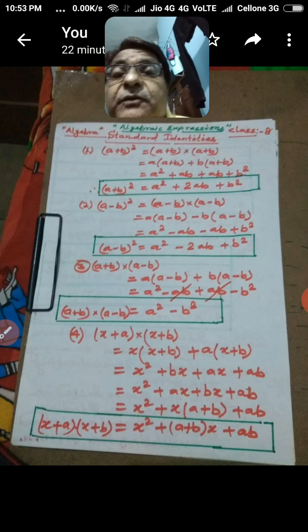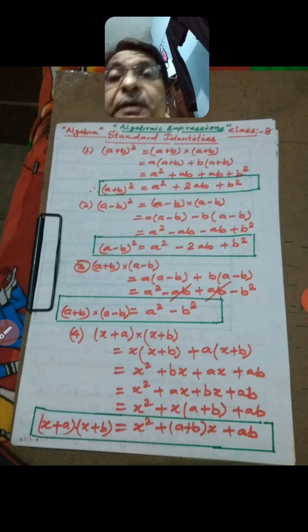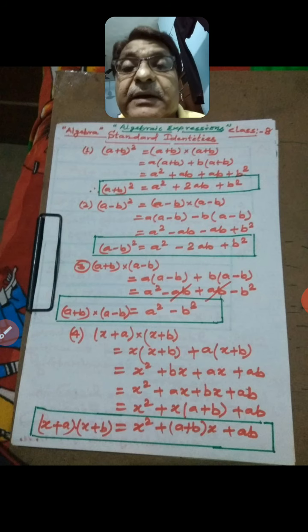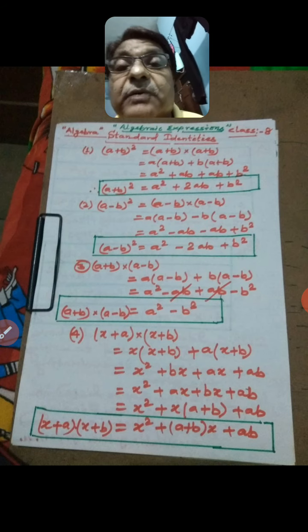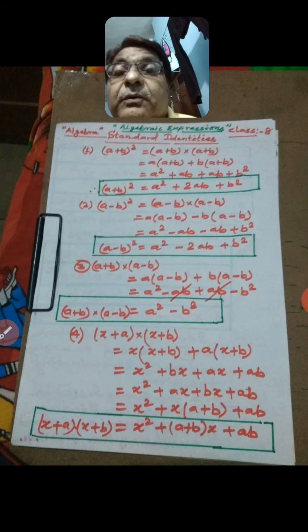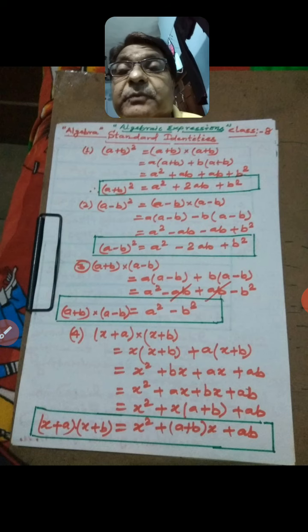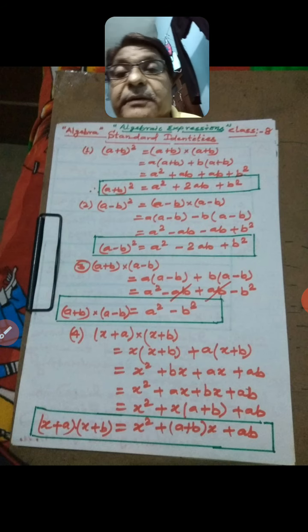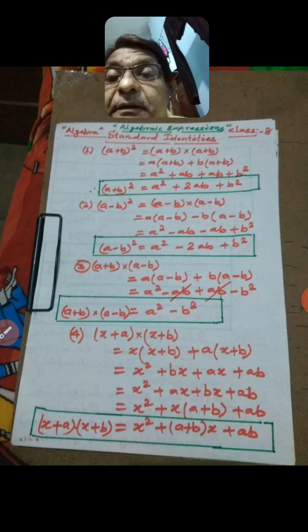You can write the 2ab term in the last, but the sign should be what it should be. It doesn't make any difference where you are placing which term. So in this way we can memorize that a plus b whole square equals a square plus b square plus 2ab, whereas a minus b whole square equals a square plus b square minus 2ab. So the difference is plus 2ab in one, and minus 2ab in the other.